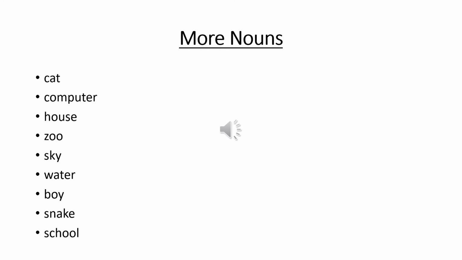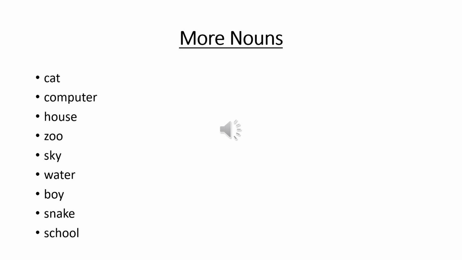So it comes under the category of places. Sky. Sky is a thing. Water. Water is also a thing. Boy. The boy is a person. Snake. Again, the snake is an animal.